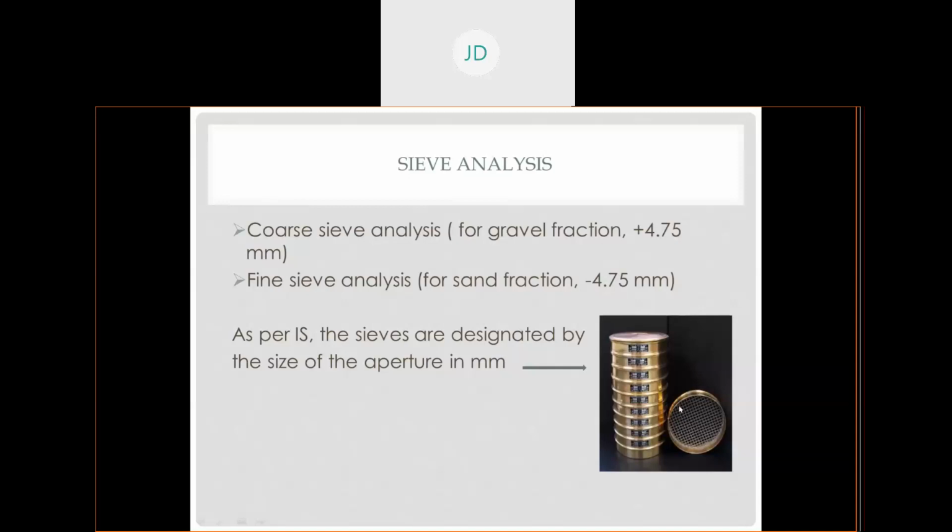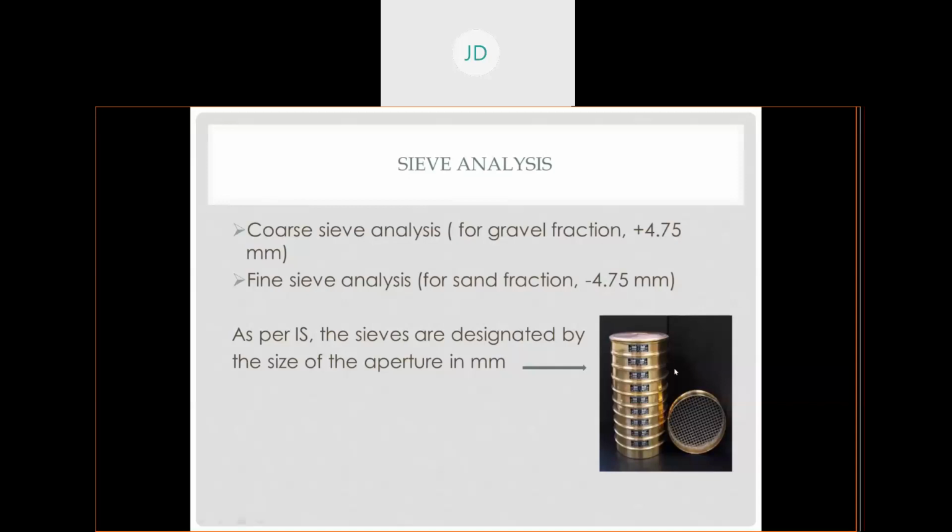That's why it can pass through. The soil sample retained on the sieve has a size more than 2 mm, because the gap is only 2 mm. Only soil particles smaller than 2 mm can pass through this sieve.